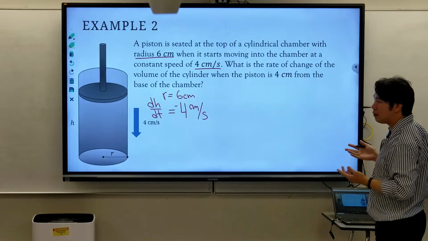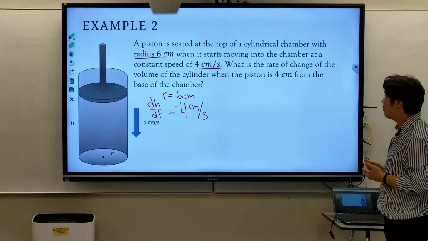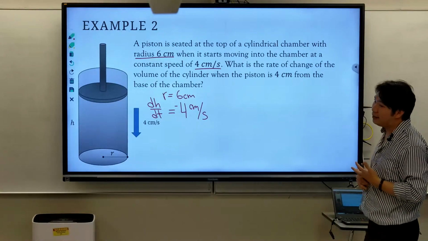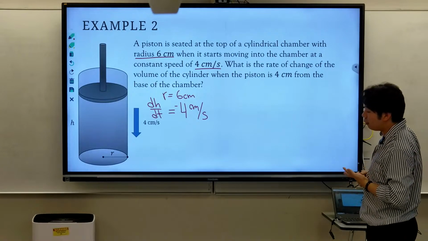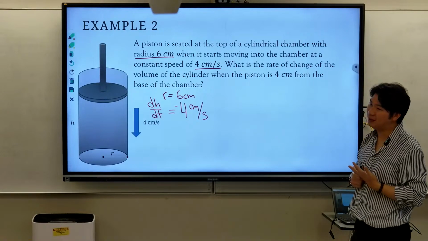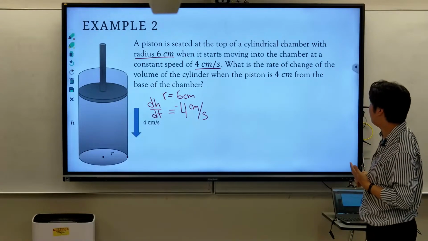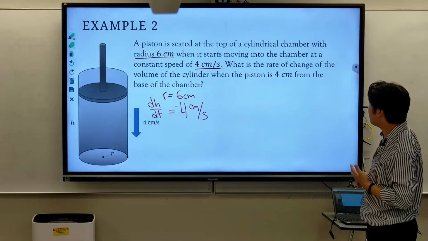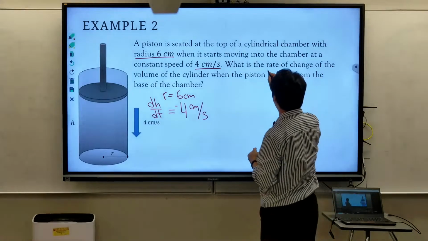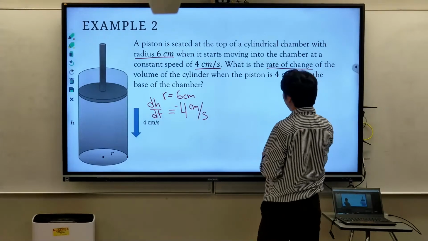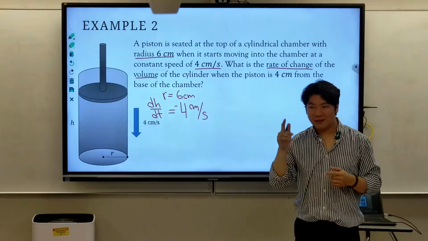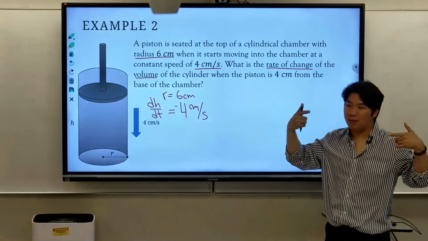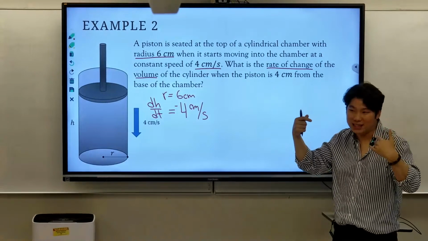Let's look at what we are trying to look for, in other words, our question. What am I trying to solve for? What is the main point of the question? Here I see the keywords: what is the rate of change of the volume? Rate of change, that's a rate. So now I'm looking for some d something dt.